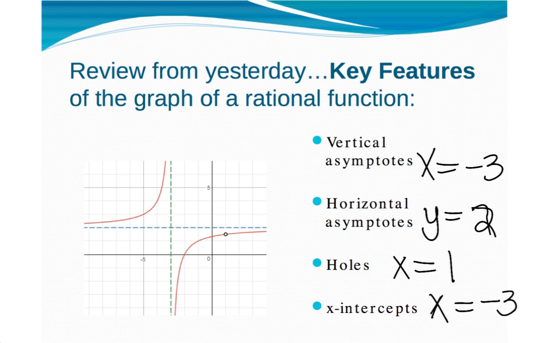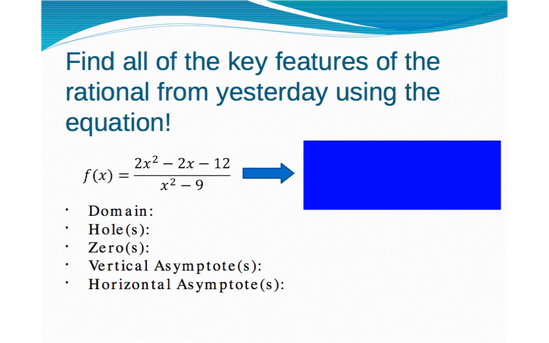So next we're going to take a look at this same graph, but we're going to look at the function and this equation to find all these pieces of key information. So today we're going to look at finding key information from rational functions if we're only given the function. The important thing to note is anytime we're given a rational function, when we want to find our key information, we need to have our function in factored form.